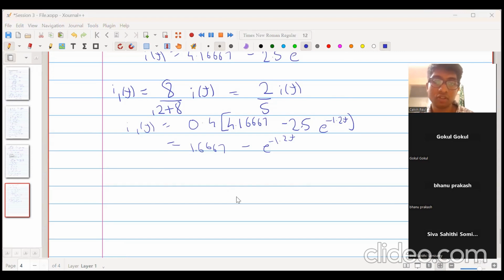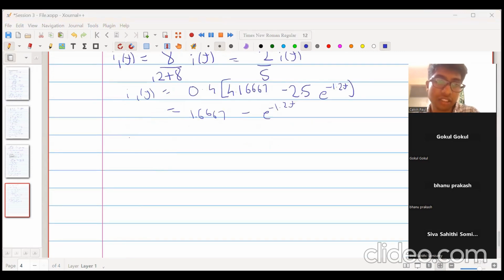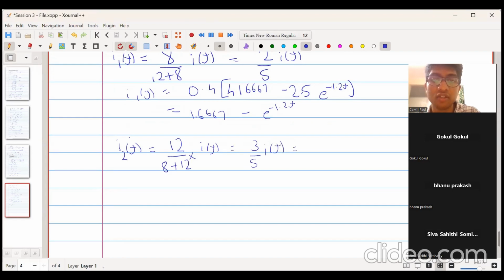Also the current through the second resistor, I2 of t, is equal to 12 divided by 8 plus 12 into I of t, that is 3 upon 5 into I of t, or 0.6 into I of t. So I2 of t will be equal to 0.6 into 4.1667 minus 2.5 into e to the power minus 1.2 t.